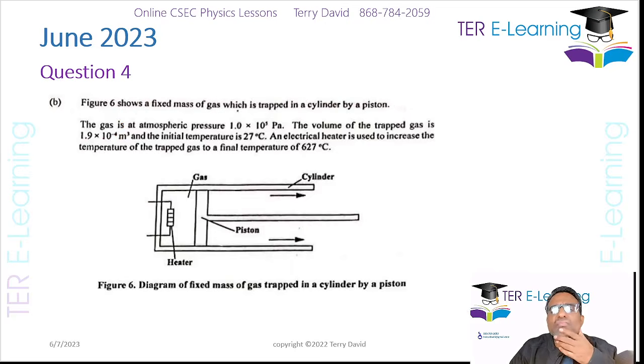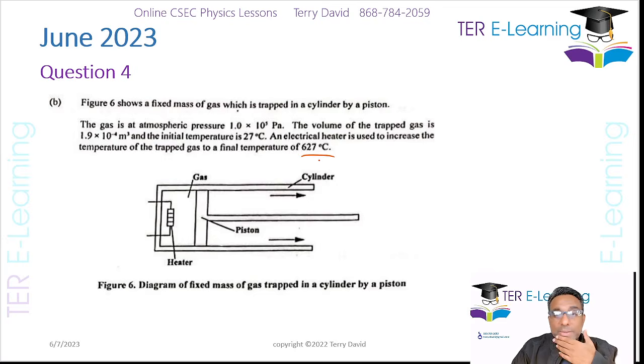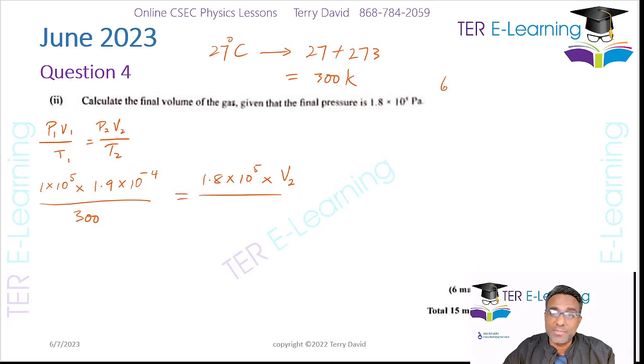What is P2? Oh, right. So the final pressure here is 1.8 by 10 to the 5, multiplied by volume, which we don't know, that's V2, all over your final temperature, which was 627. Again, you have to convert that 627 to Kelvin.